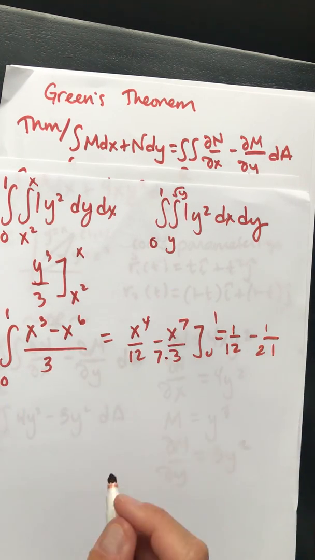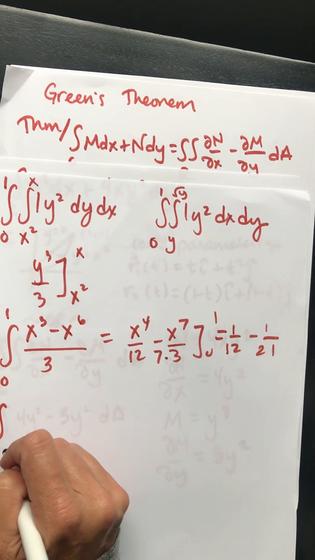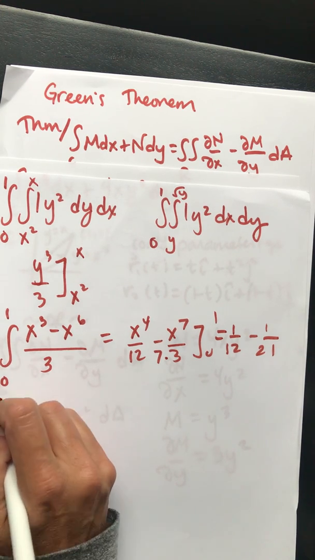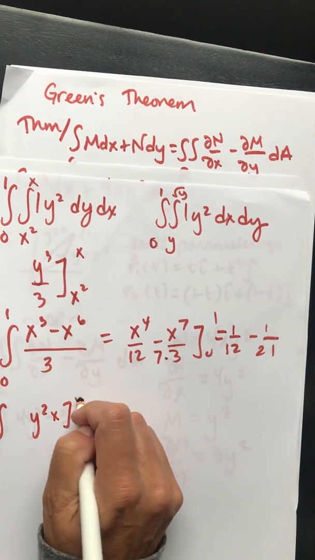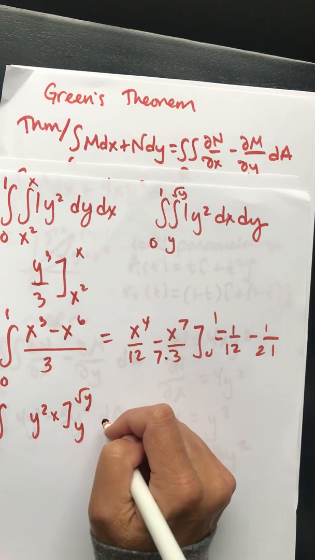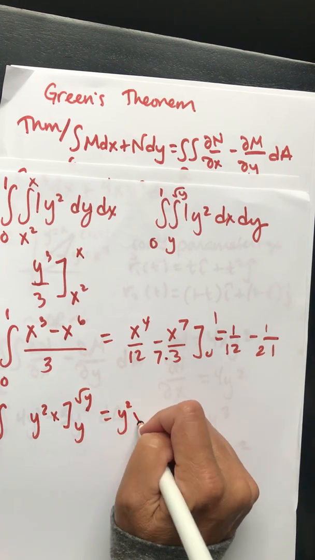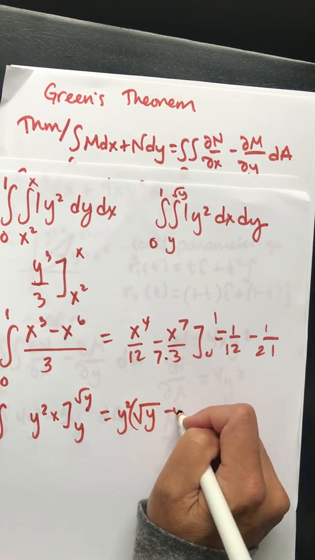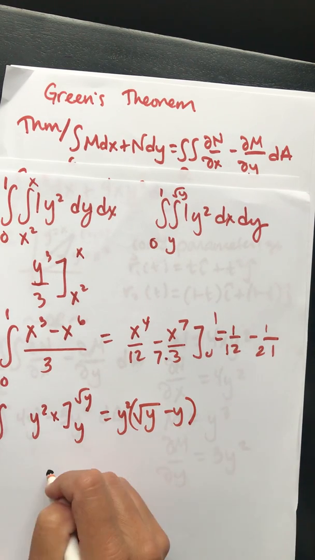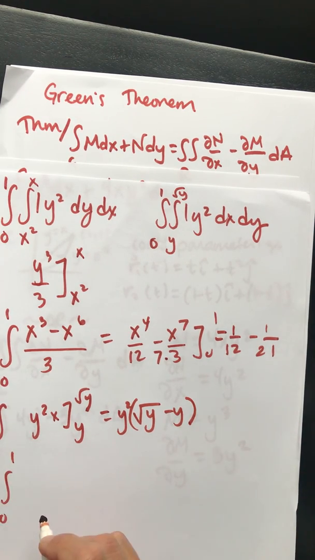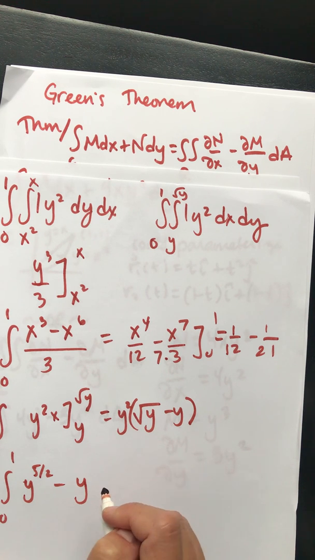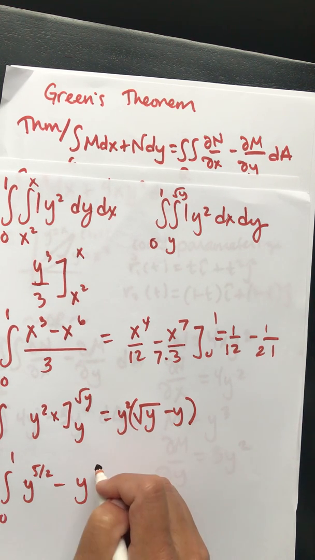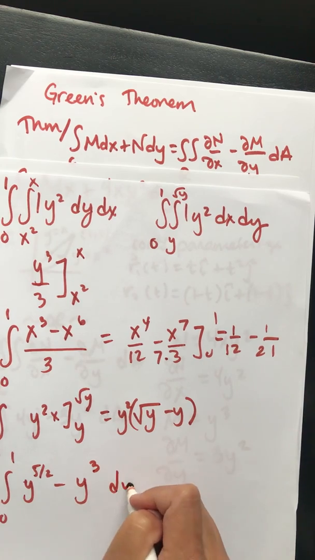If I evaluate the other one, I get the integral from 0 to 1 of y squared x evaluated from y to root y, which is y squared times root y minus y. So I would take the integral from 0 to 1 of y to the 5/2 minus y cubed dy.